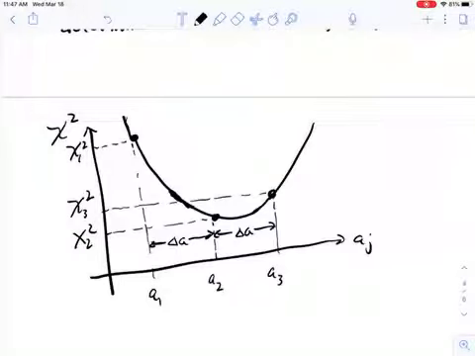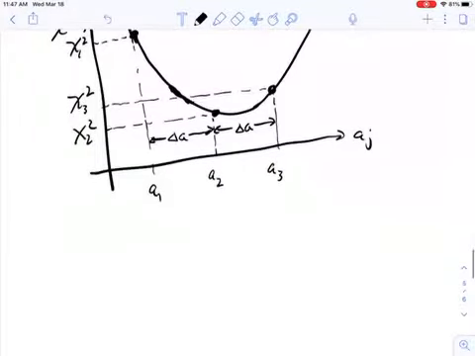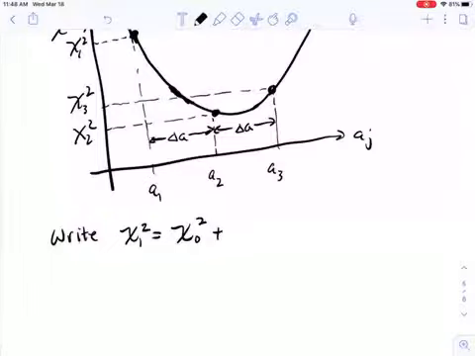We know that chi squared is quadratic in this region. That was our requirement. So we write that chi1 squared is chi0 squared plus b times (A1 minus A star) squared.